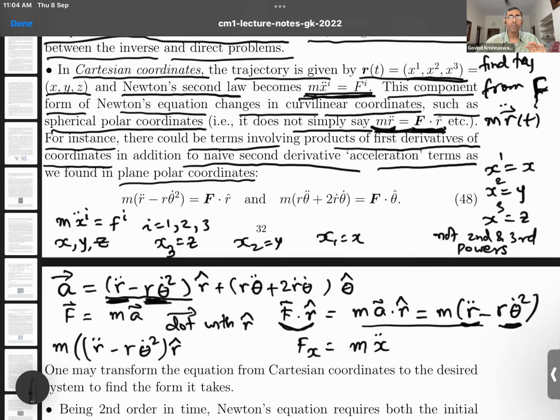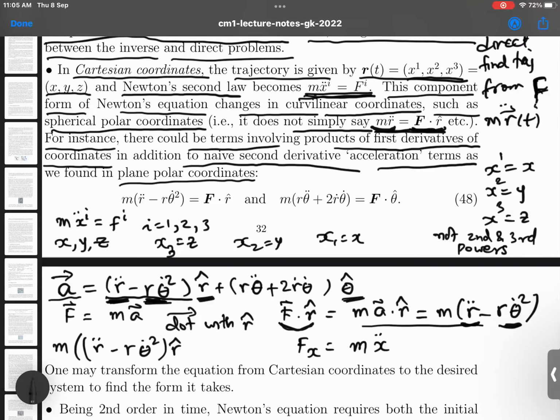So all I'm saying is that this comment actually is for people who are unfamiliar with what you did in the third assignment. Okay, so you are all sophisticated people. You know fully well that the acceleration vector in polar coordinates has two components, the radial and the azimuthal component.